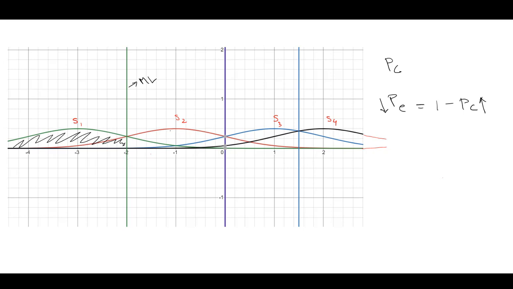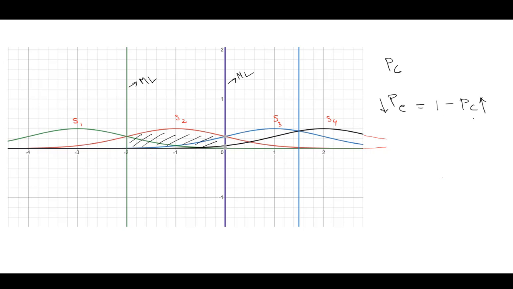Hence, as PC increases, PE decreases. Now the probability of the symbol being correctly decoded as S2. S2 has two decision boundaries, one with S1 and the other with S3. S3 is centered at 1. Hence, we have another ML decision boundary at 0, which is the arithmetic mean of -1 and +1. For S2 being correctly decoded, this is the corresponding probability region.